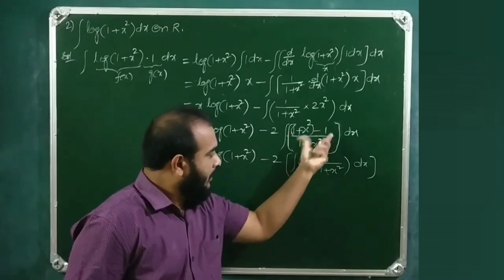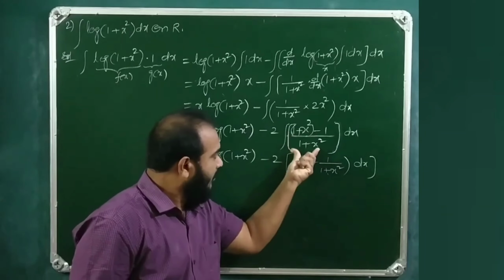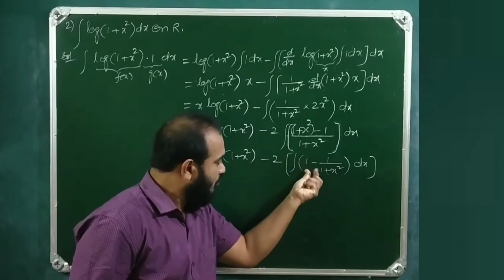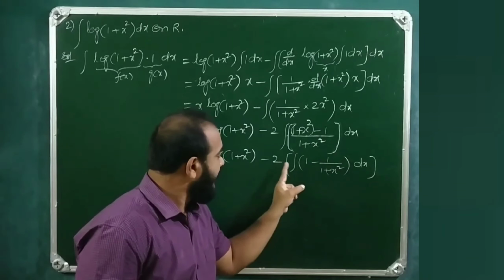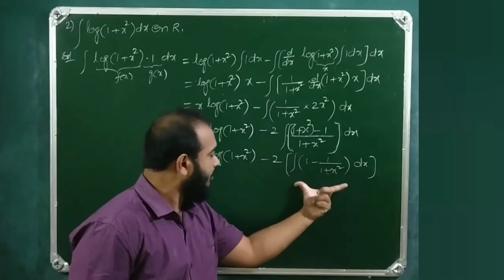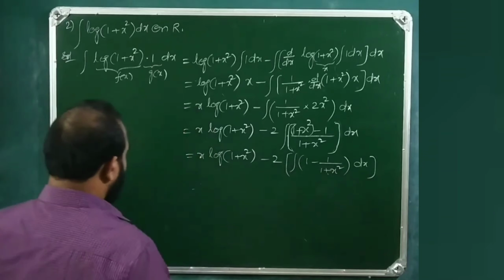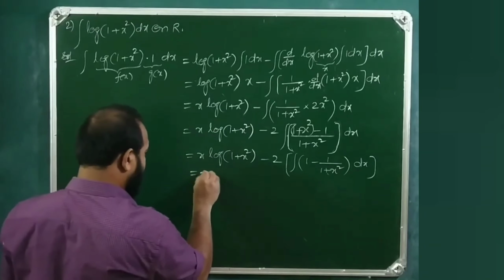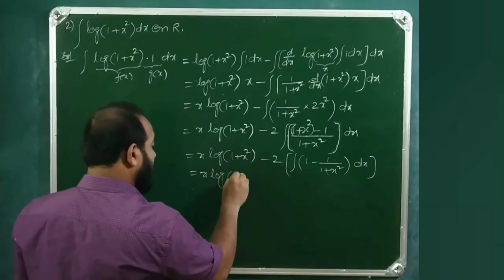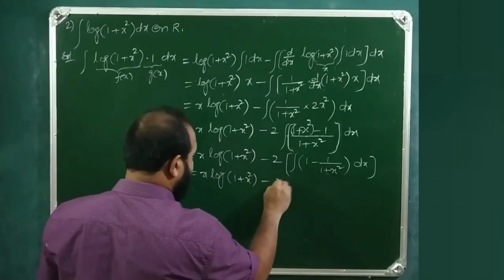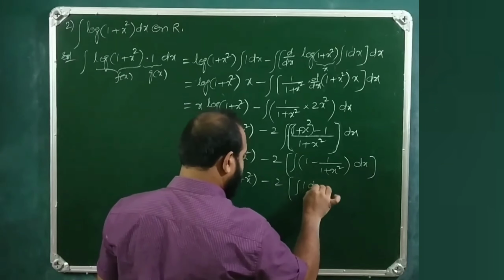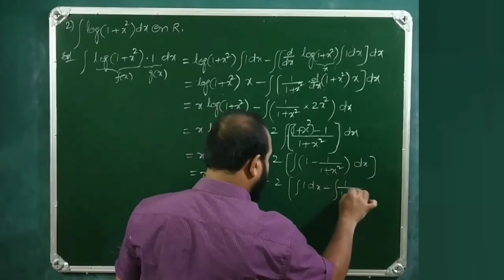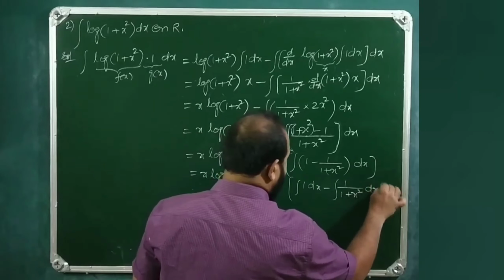A minus b by c is a by c. 1 plus x square by 1 plus x square is 1 minus 1 by 1 plus x square. So the integral is multiplied by 2 as a whole. So this is equal to x log 1 plus x square minus 2 into integral 1 dx minus integral of 1 by 1 plus x square dx.